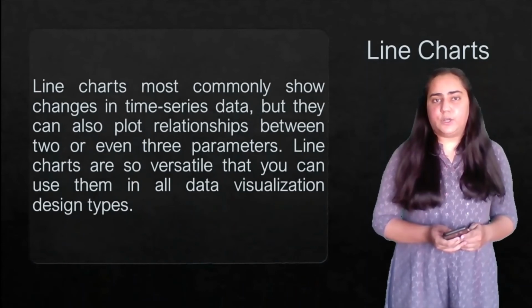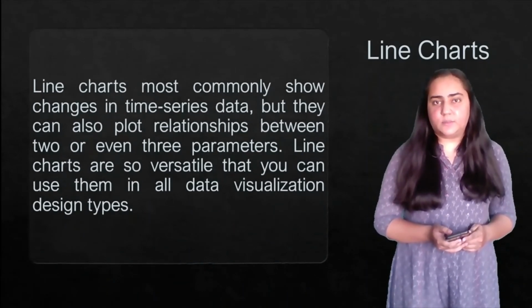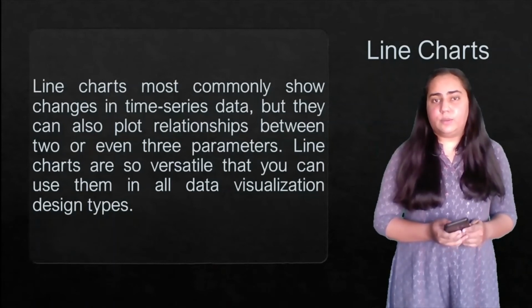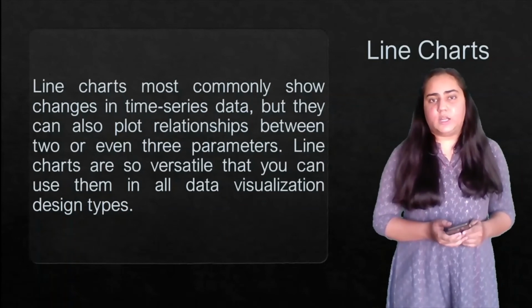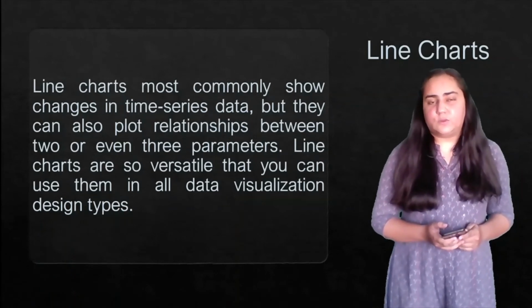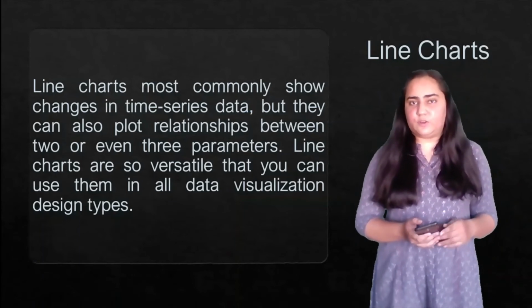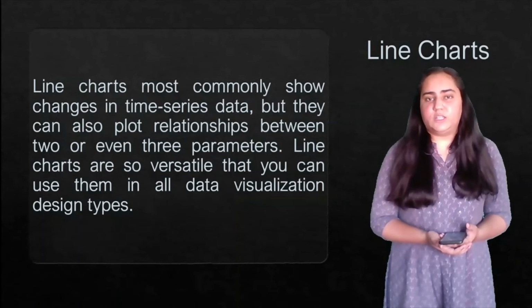Next, we have line charts. Line charts most commonly show changes in time series data, but they can also plot relationships between 2 or even 3 parameters. And line charts are so versatile that you can use them in all data visualization design types. So they are versatile, can be used anywhere, and mostly they are used in plotting time series data.